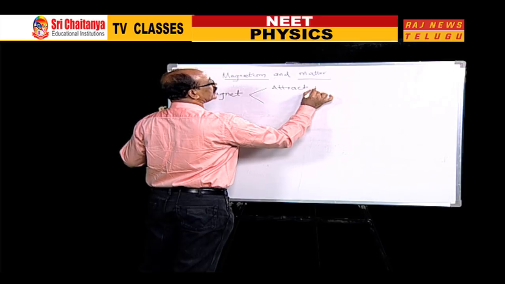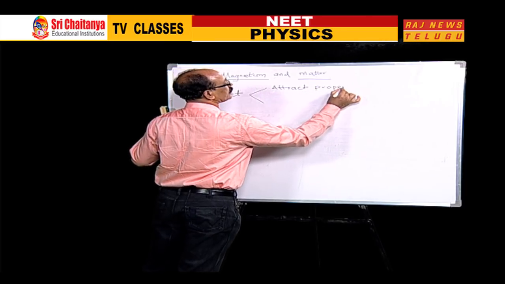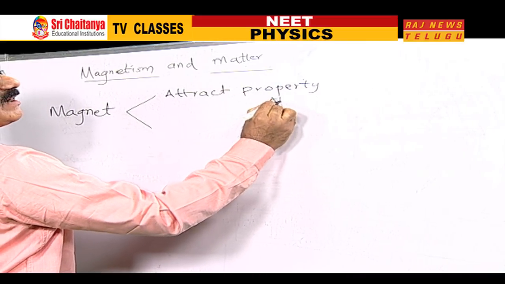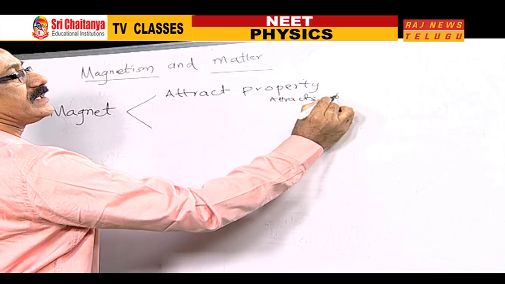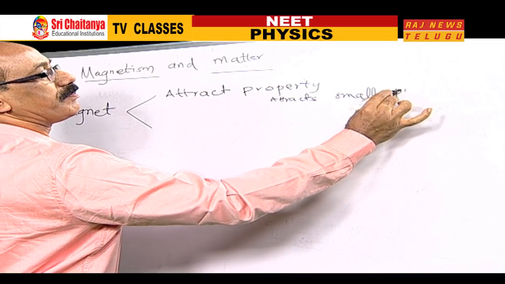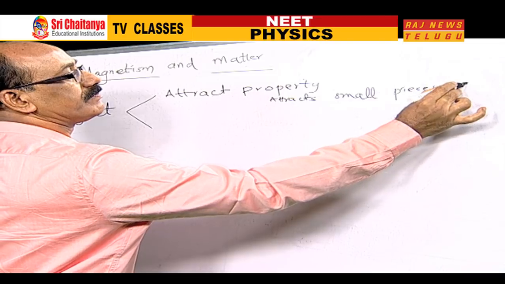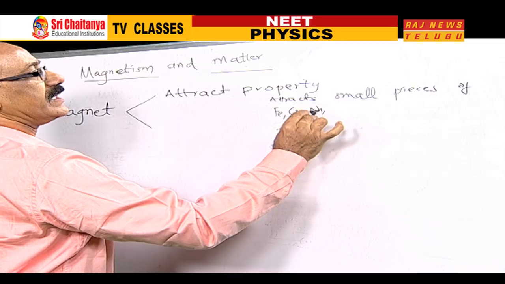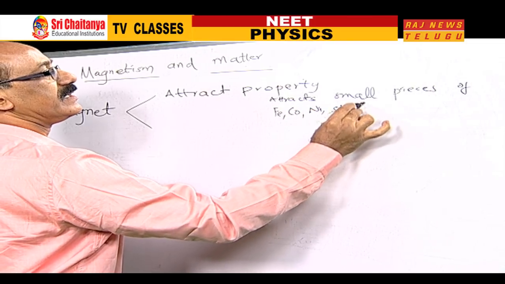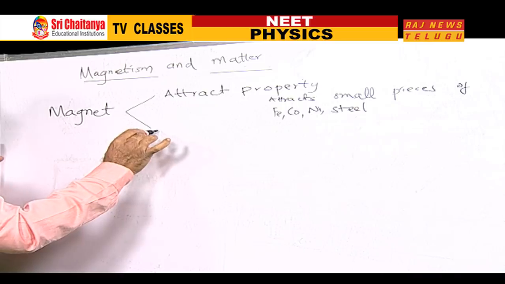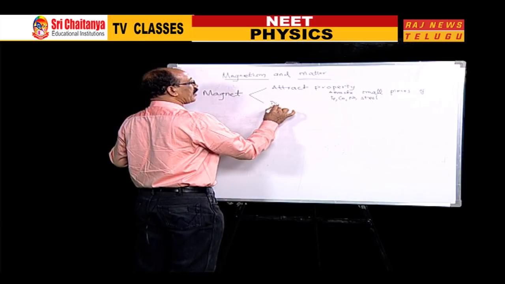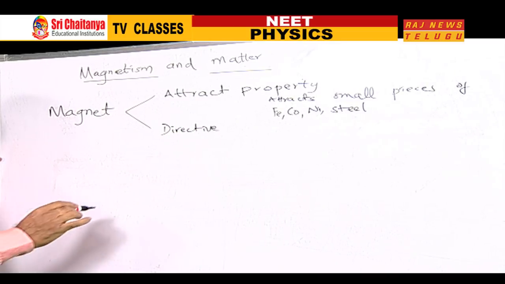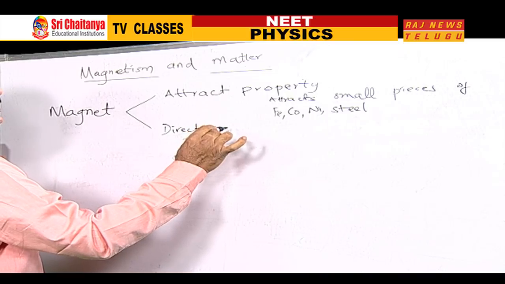That means it attracts small pieces of iron, cobalt, nickel, steel, etc. And also it shows directive property. That is, when a magnet is suspended freely, it aligns along north-south directions.